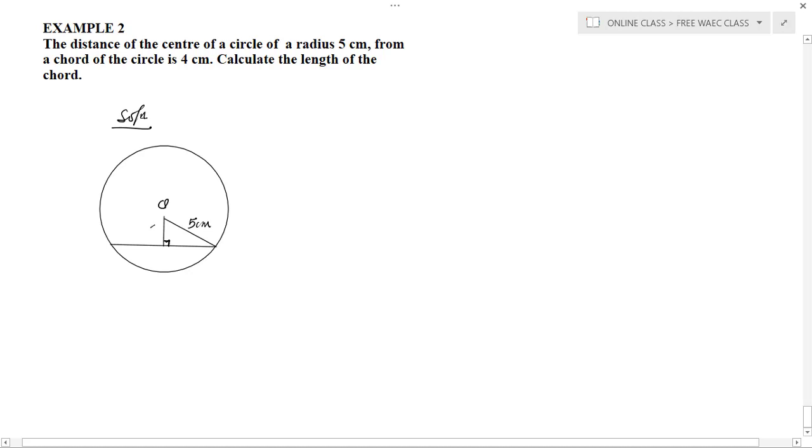We have 4 centimeters from the center of the circle. We don't know L. So here we are given R as 5 centimeters. We are given D as 4 centimeters. L question mark. Because L is what we are looking for, let's write it first. L squared equals D squared. Oh, sorry. We have R squared.